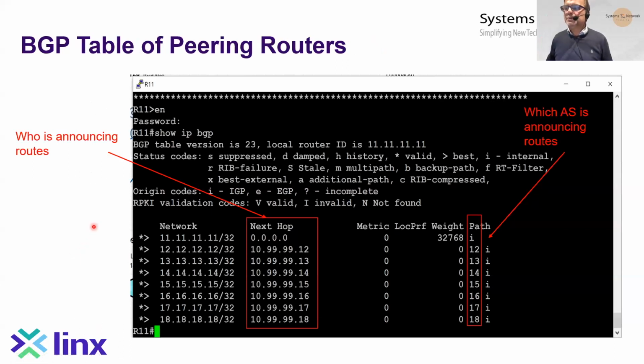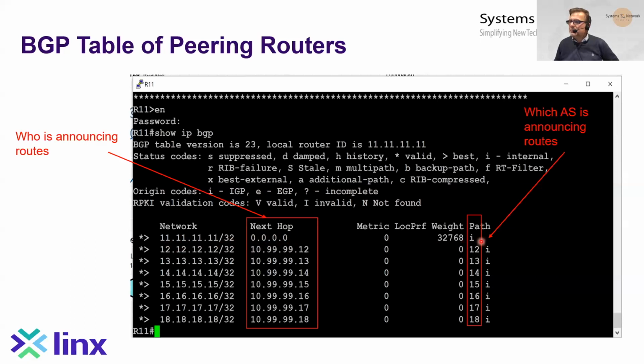If we go into the routers themselves to see where the routes are being advertised from and how we see them. So if I go into router 11 here, we will see the local router 11's route. It's got a next hop, if you like, of where it comes from. It's got 0.0.0.0 because it's its own route.